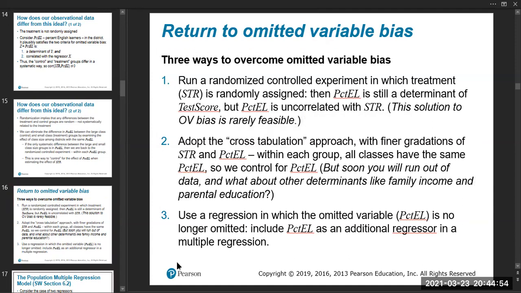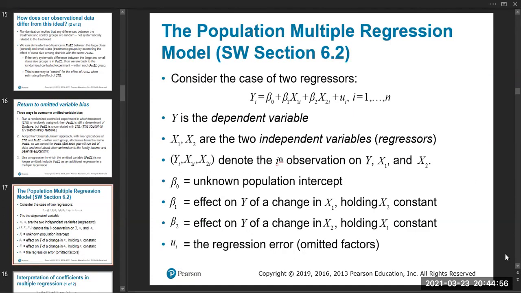So how to solve it? Then it comes to our major point, which is this population multiple regression model. We consider this case of two regressors, x1 and x2. This x1 can be our class size, and x2 will be our omitted variable, which is percent of English learner.